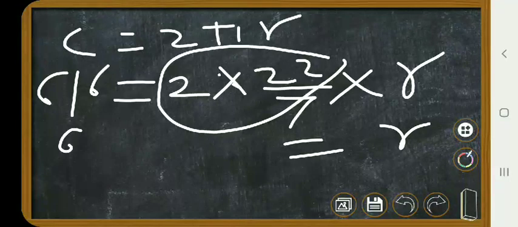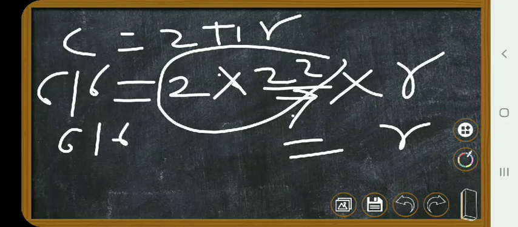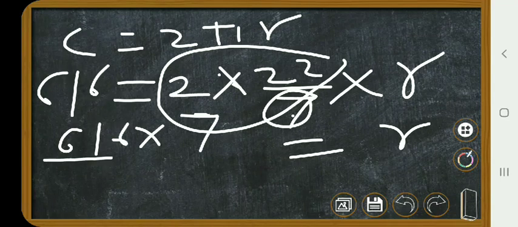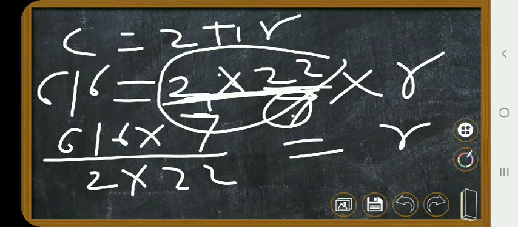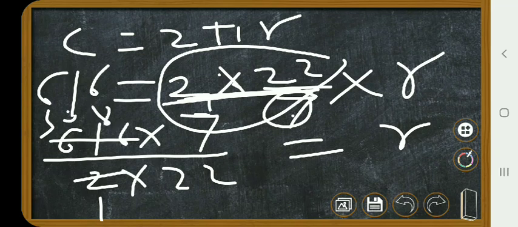So it becomes 616. 7 is division here, so it becomes multiplication, and these are numerators, so they will become denominator when they change the side of the equation. 2 multiplied by 22, so 2 ones are 2, 2 threes are 6, 2 zeros, and 2 eights are 16.